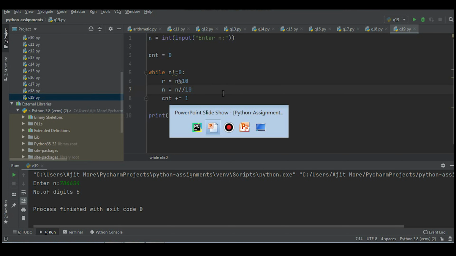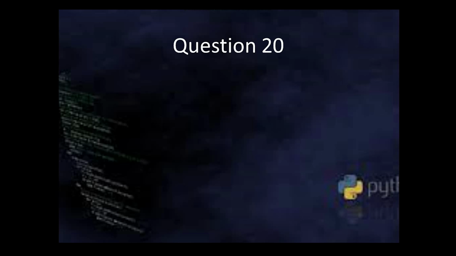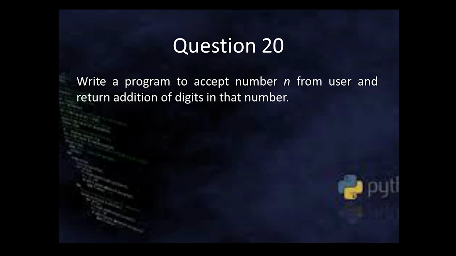Let's continue with the next question. Now, the next question is also based on the 19th question. Write a program to accept number n from the user and return the addition of digits in that number.